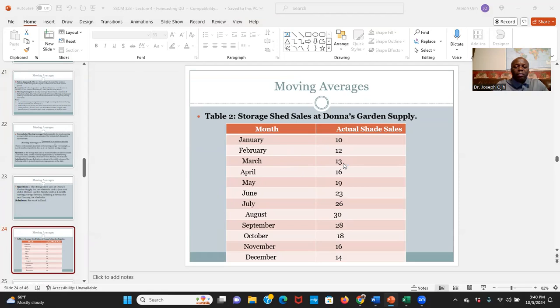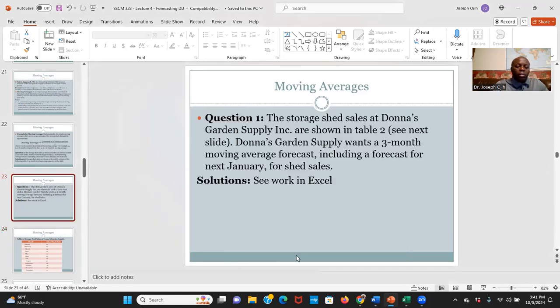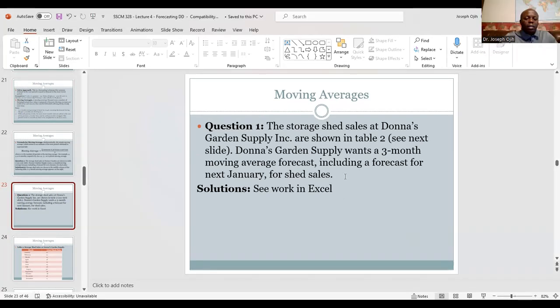March, 13 storage sheds were sold. Anyway, these are the data we are given. And according to the question, Donors Garden Supply wants a 3-month moving average forecast, including the forecast for next January for the storage sheds.